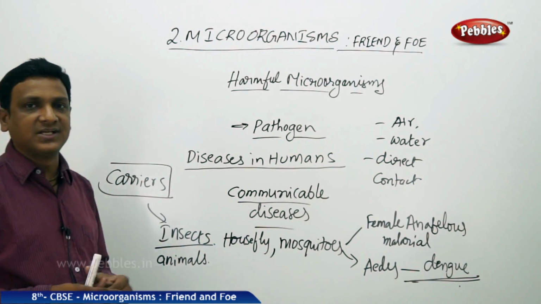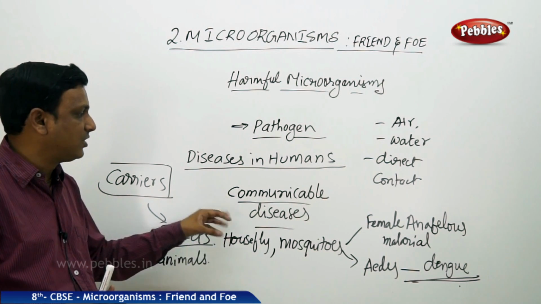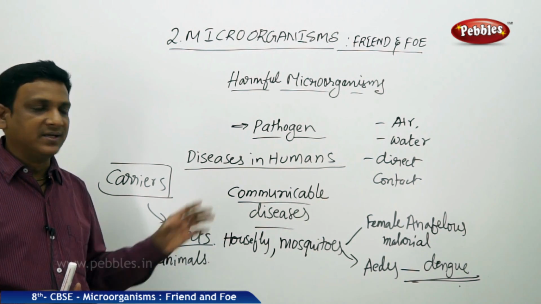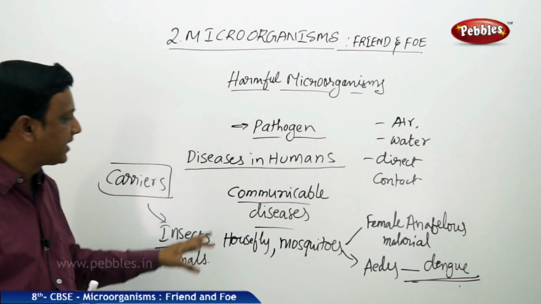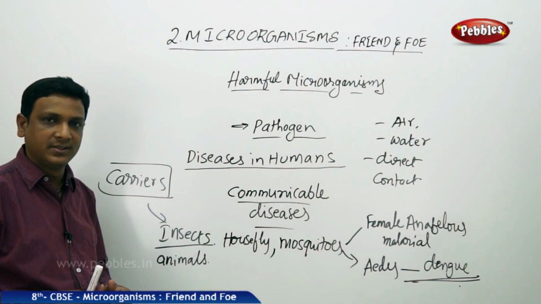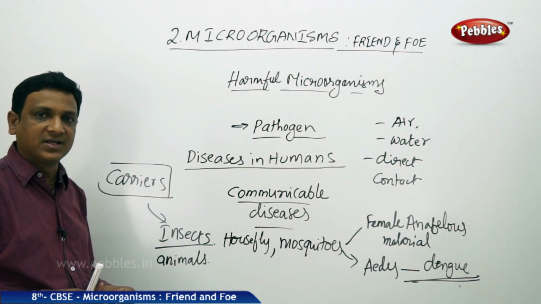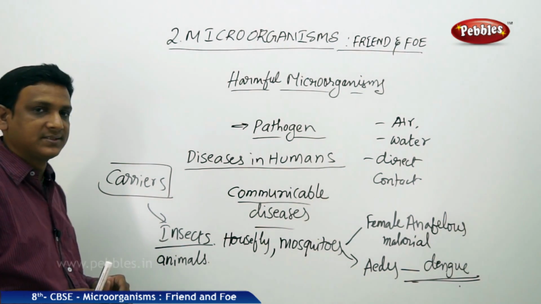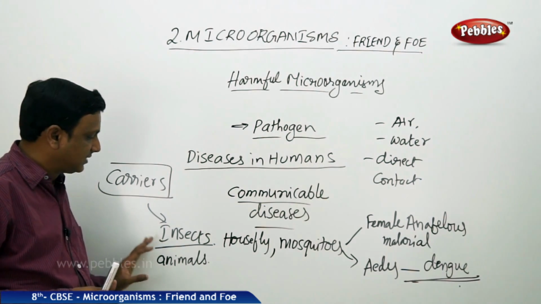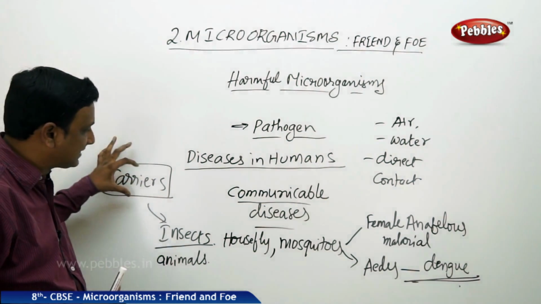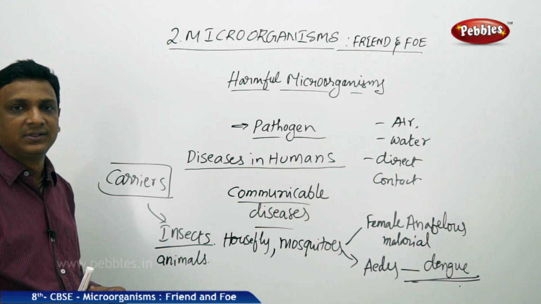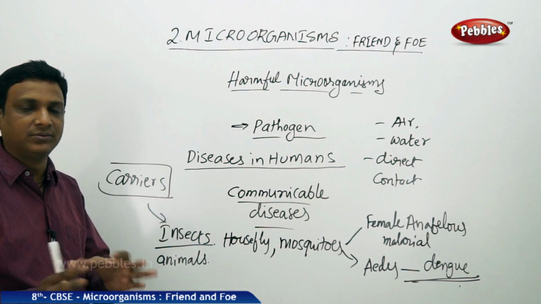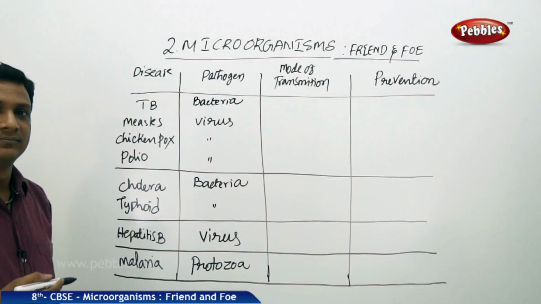The diseases that spread from person to person are called communicable diseases. The diseases that are spread by air, water or direct contact are called communicable diseases. Certain diseases are spread by insects and animals. We call these insects and animals carriers, as they carry the pathogens or microorganisms from an infected person to a healthy person.